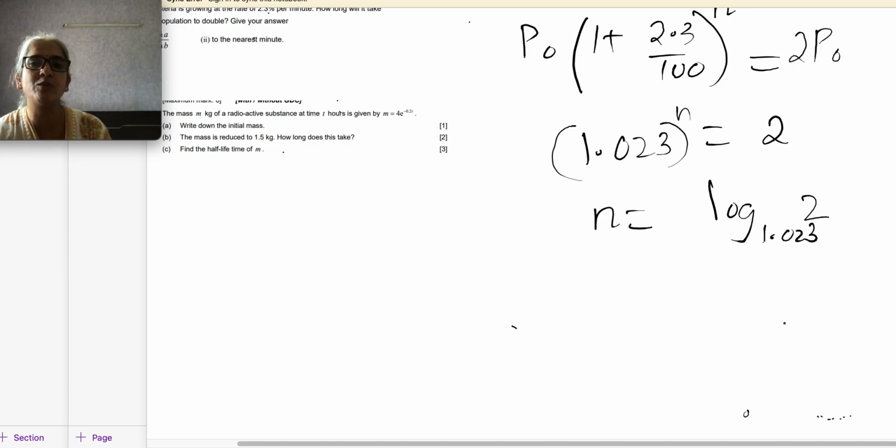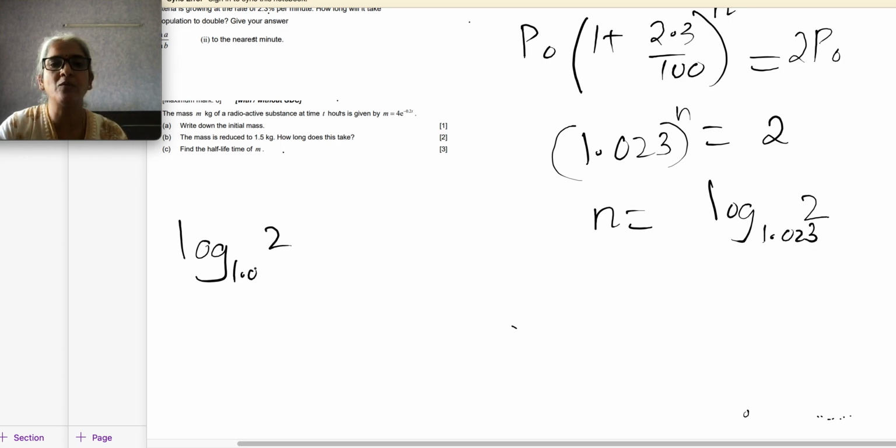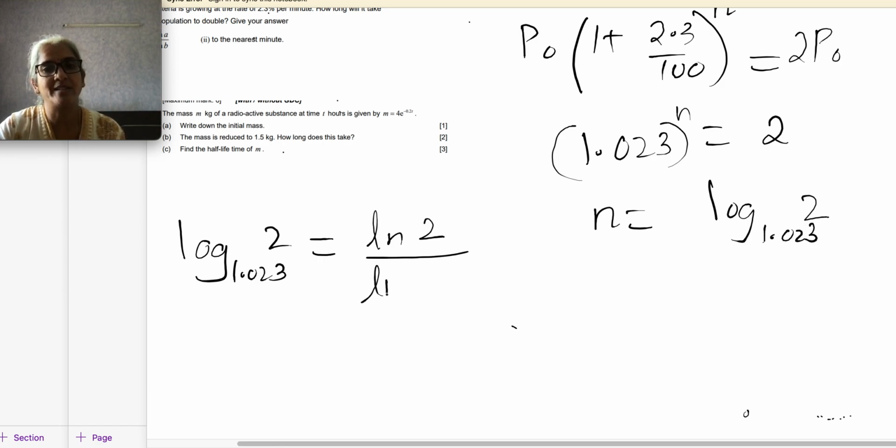So this is a good time for me to introduce the change of base rule. For log of 2 to the base 1.023, if I want to change the base to the Euler's number and write it as a natural log, I'm going to write the answer first and then explain why I got it this way.